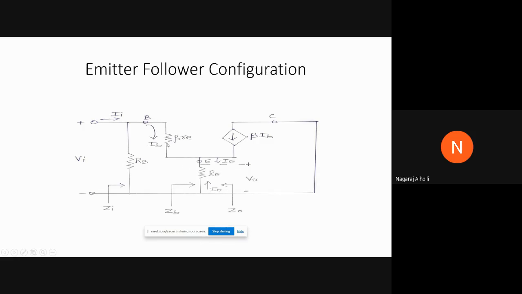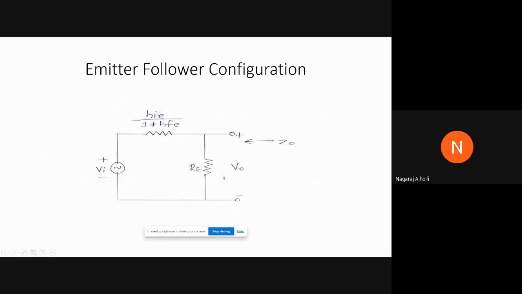On one side we are applying VI to the AC resistance, and on the other side we are taking V0, the output voltage, across the emitter resistance RE. There is a node across which the output voltage V0 is taken.